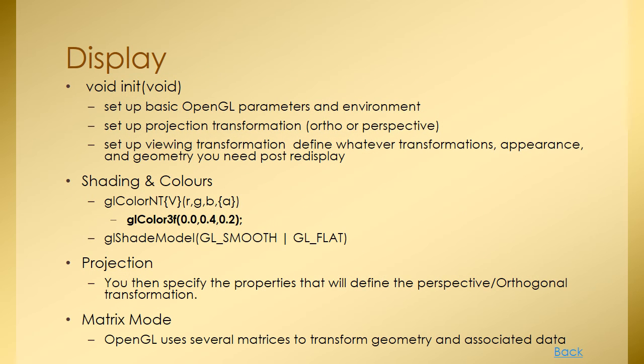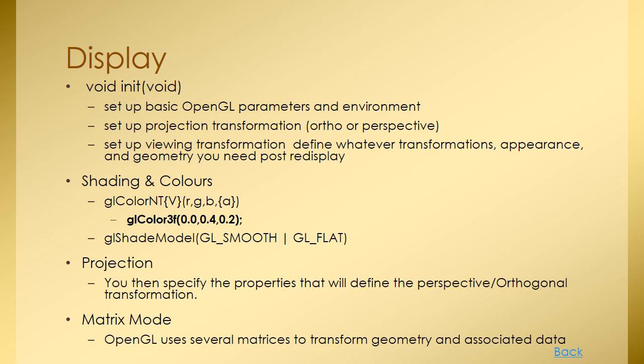Then for displaying, the initial parameters are set in the init function, and the shading and colors can be given by the glColor function. 3 represents the 3 color model which you are using, RGB, and f represents the floating point color.